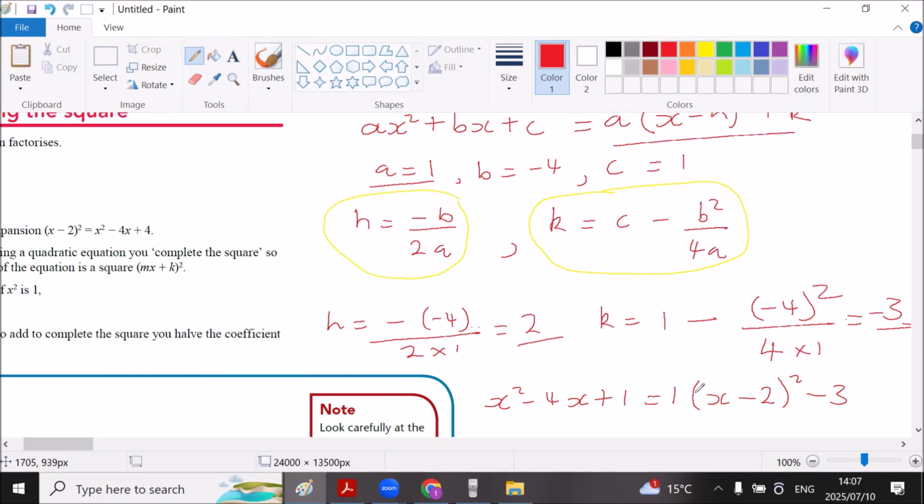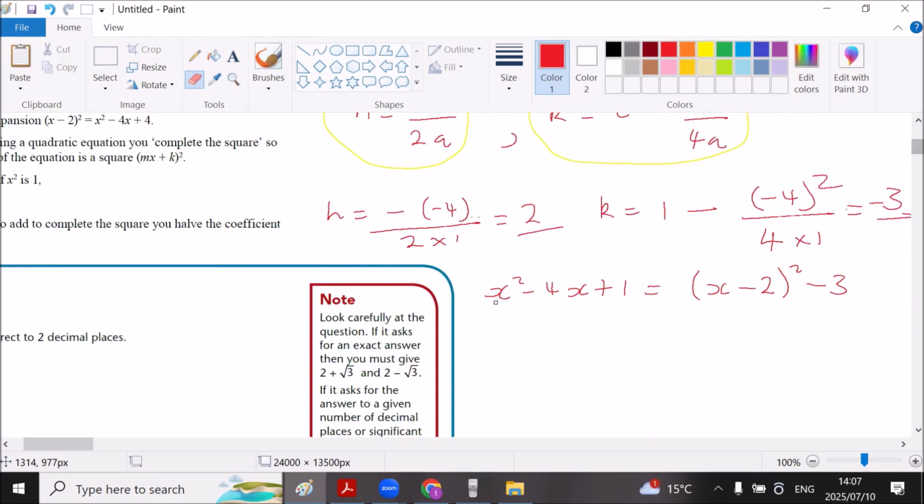And since this 1 is just multiplying there, we can remove it. So now our expression, x squared minus 4x plus 1, has been transformed to the completed square form, which is x minus 2 squared minus 3. Now we can solve the equation. x squared minus 4x plus 1 is equal to 0, and we replace all this with the completed square form to say x minus 2 squared minus 3 is equal to 0.